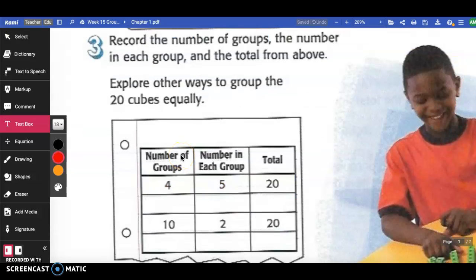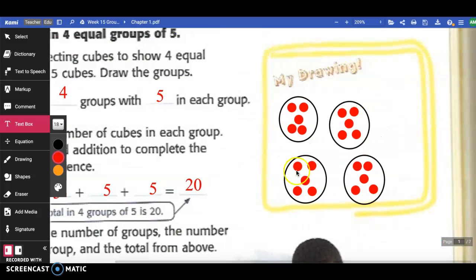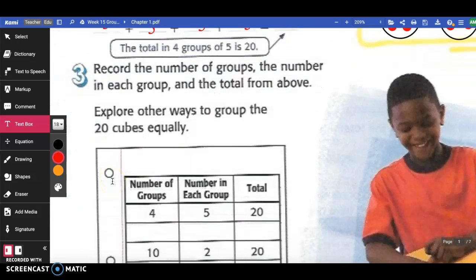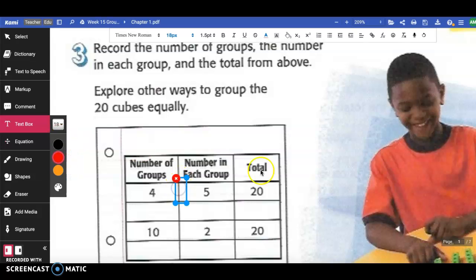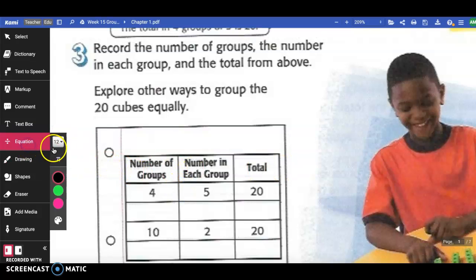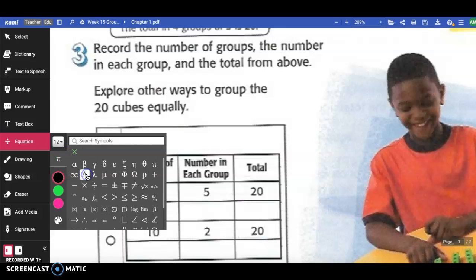All right, let's go ahead and move on and look at step number 3. So we have number of groups, number in each group, and the total. This is the same thing as multiplication with these pictures that we have up here. So you have 4 groups with 5 in each group equals 20.